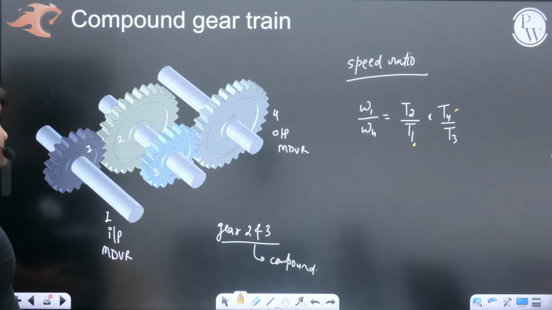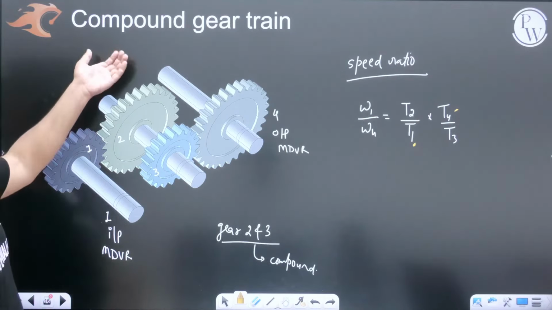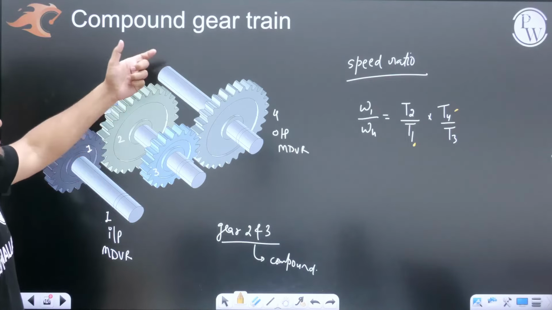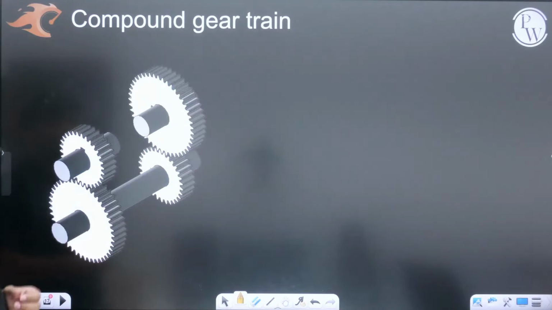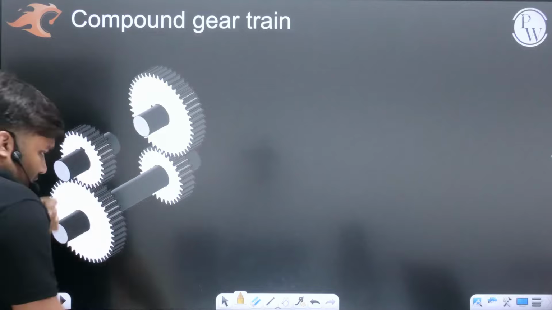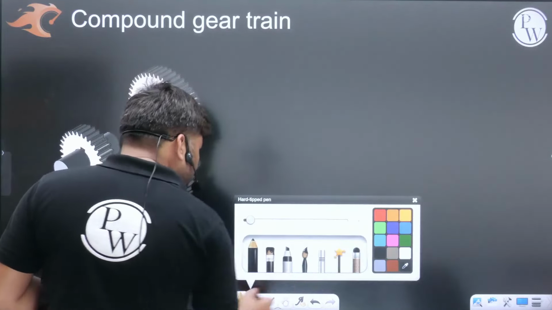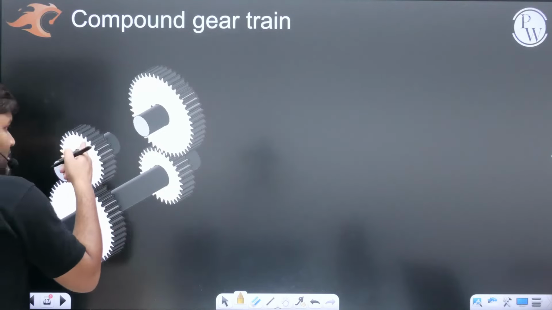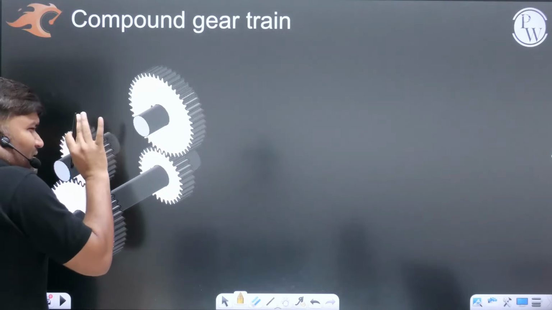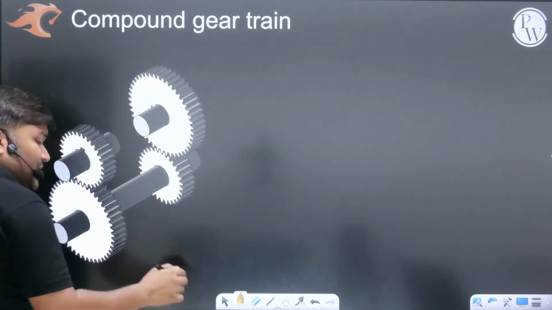Okay? Achha, in compound gear train there is a special case. By nature this is compound. But the only one thing which is special here, that suppose this is your input gear.